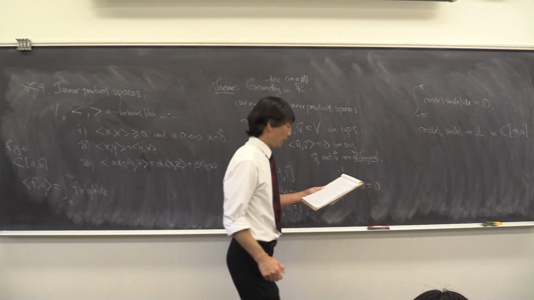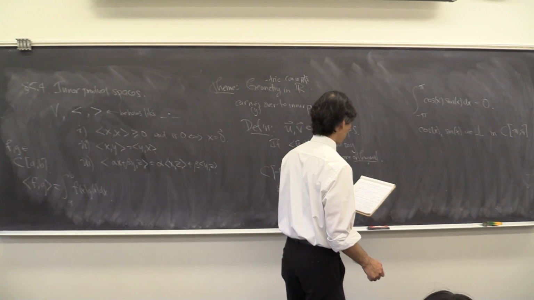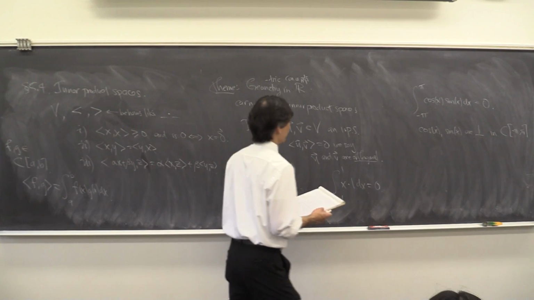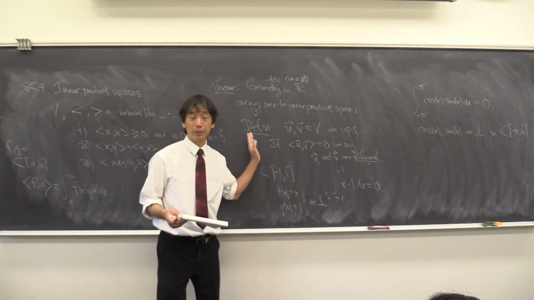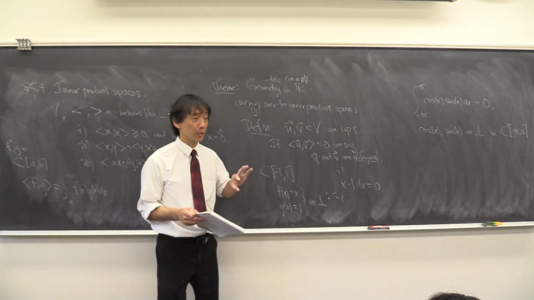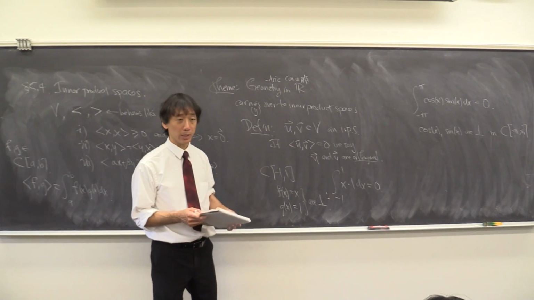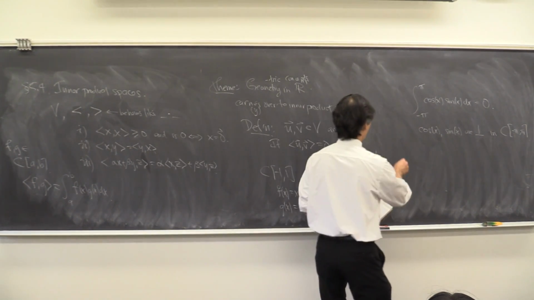So orthogonality: in an abstract vector space, as long as we have an inner product, we can talk about things being perpendicular to each other.